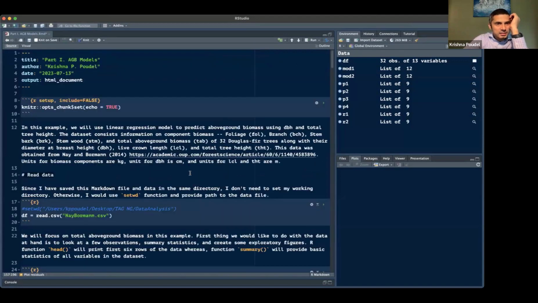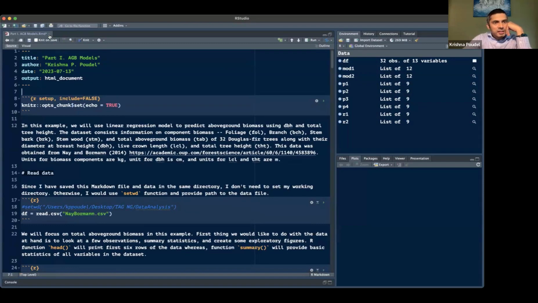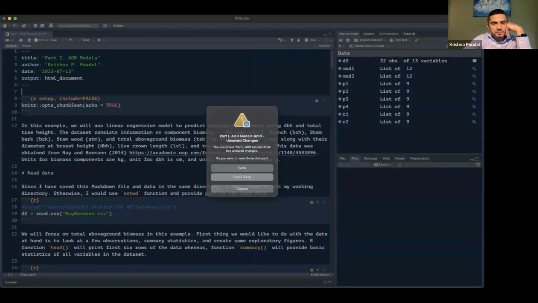And that's all for if we had a diameter and height, and then we wanted to predict total above ground biomass using a linear model. Given the time, I should probably just move on to the next, which is component biomass, I believe.